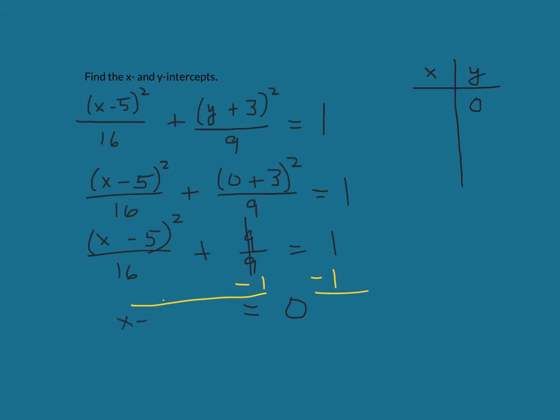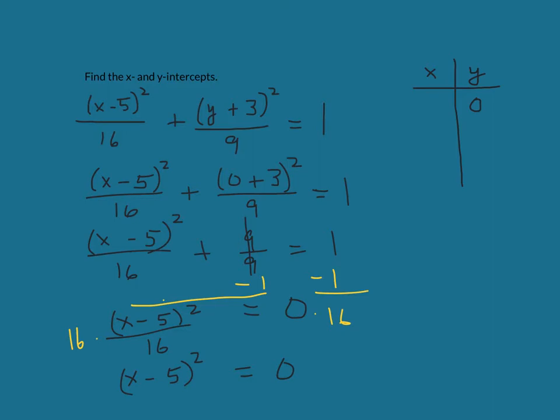So x minus 5 squared over 16. Multiplying both sides by 16, we will have x minus 5 squared equals 0.